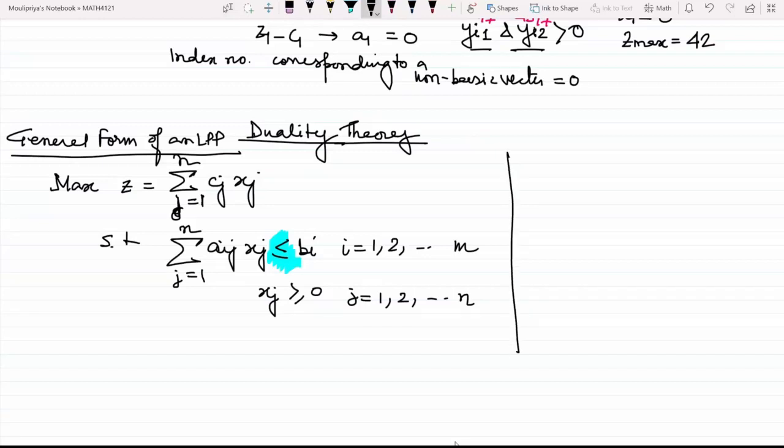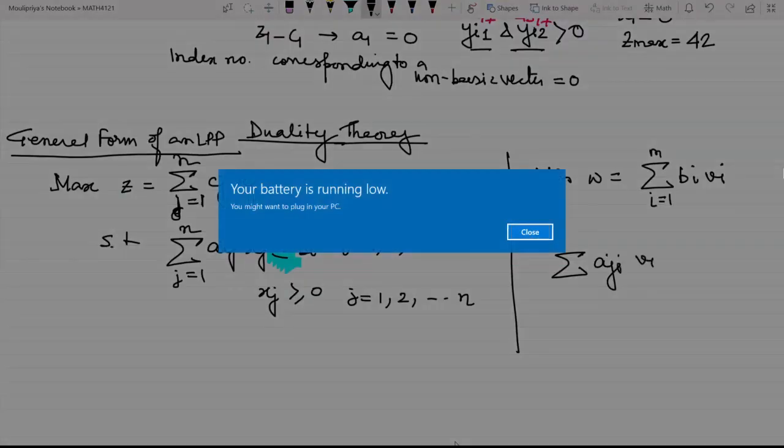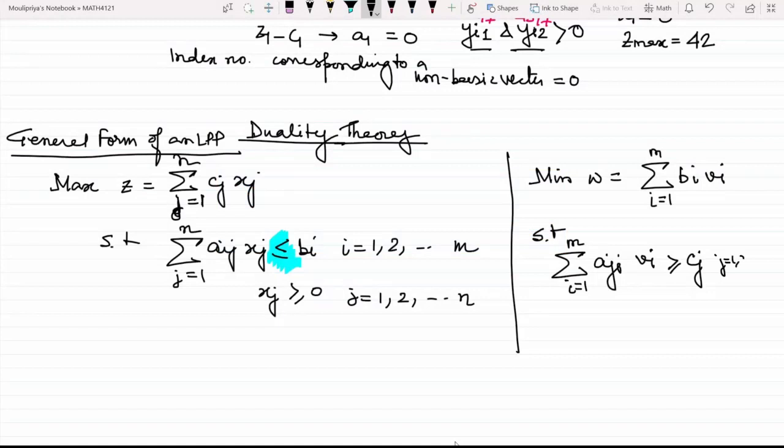Just the other way around, it would be a minimization type of problem, and we will write it as minimize W equal to sigma bi vi, i going from 1 to m, subject to sigma aji vi, i running from 1 to m, greater than or equal to cj, where j can take values from 1 to n, and we consider these vi to be greater than or equal to 0, where i can take values from 1 to m.